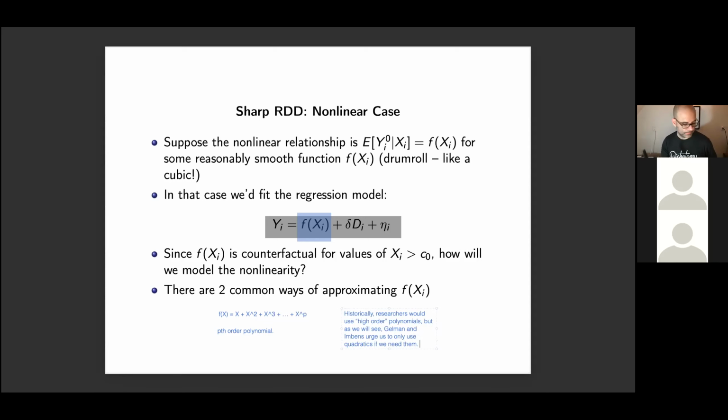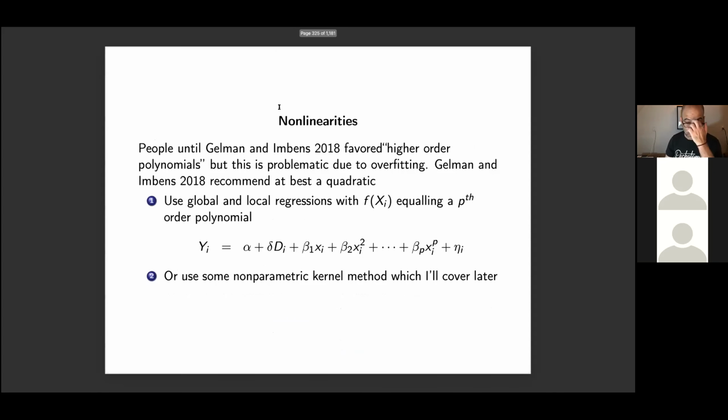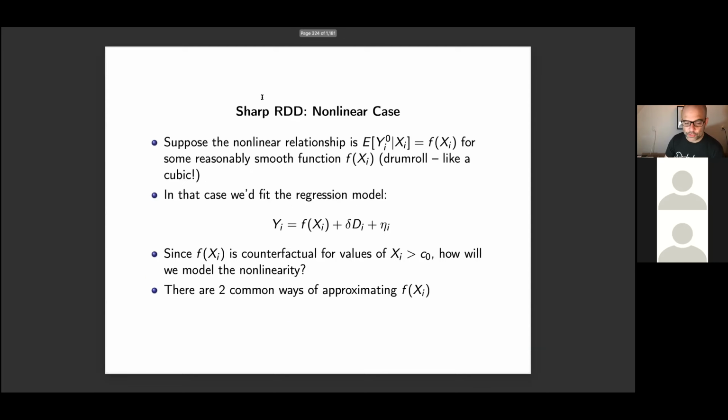Okay. This is to avoid overfitting. Since we are extrapolating, overfitting is a potential problem. Since we are extrapolating, right? So let's try a nonlinear model. Right? So there are two ways to model this f of x.